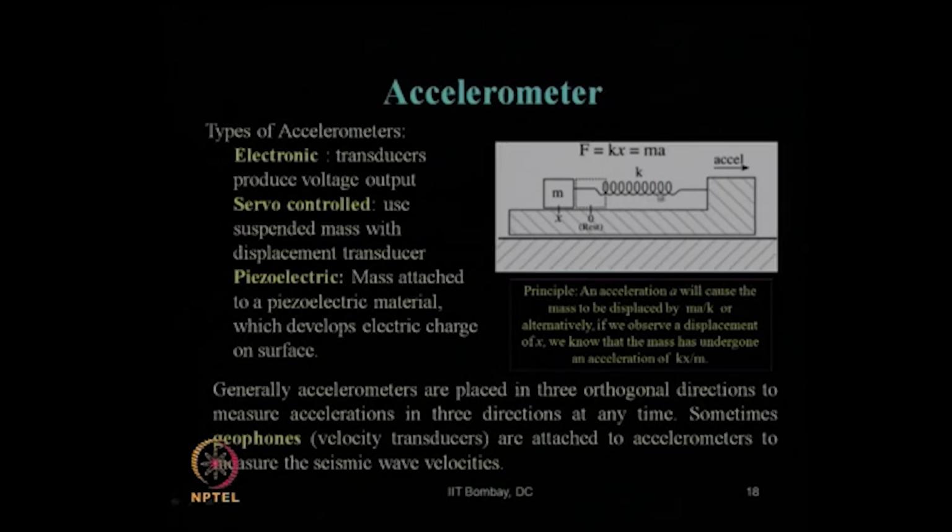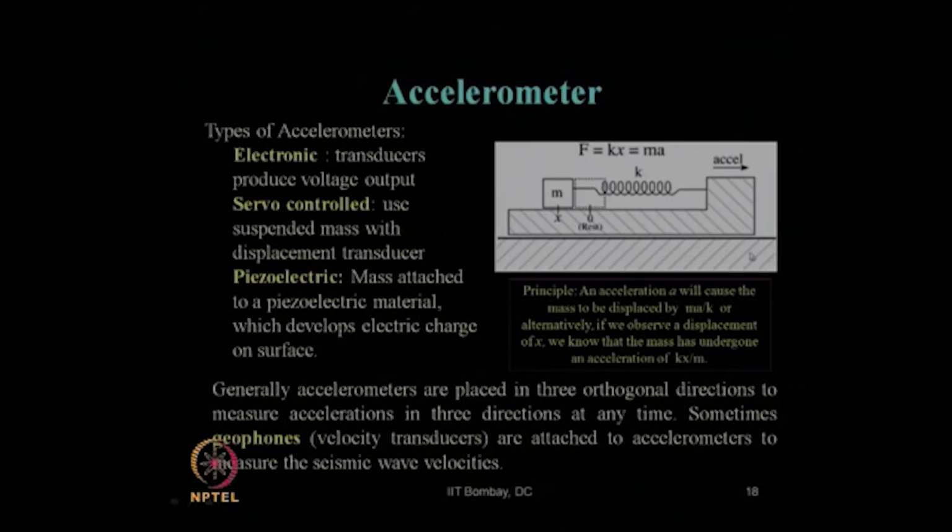It is connected through a spring with spring constant k, and when an acceleration occurs to this stationary block, this is nothing but your accelerometer which is recording, and this is the block which is located on the ground surface where it is going through a shaking.